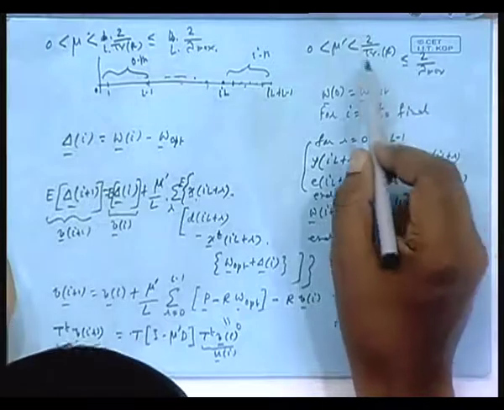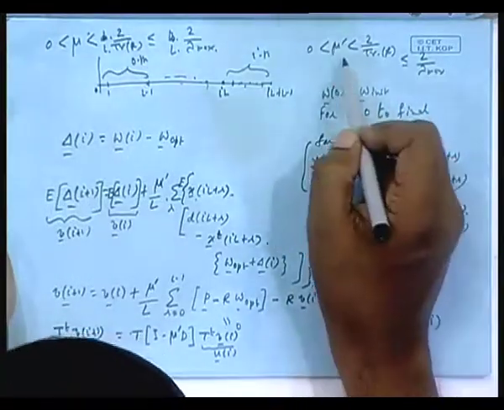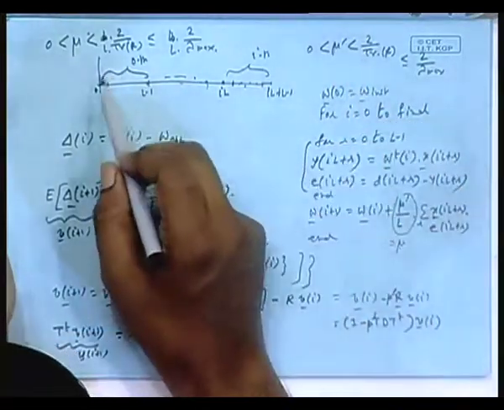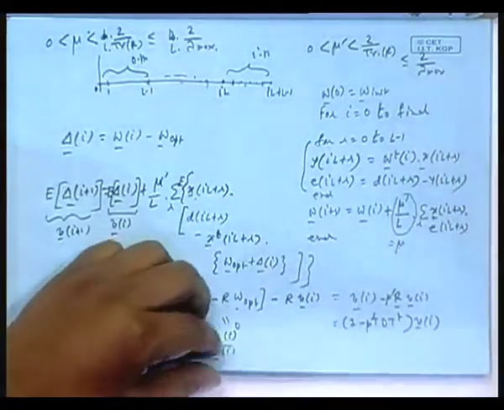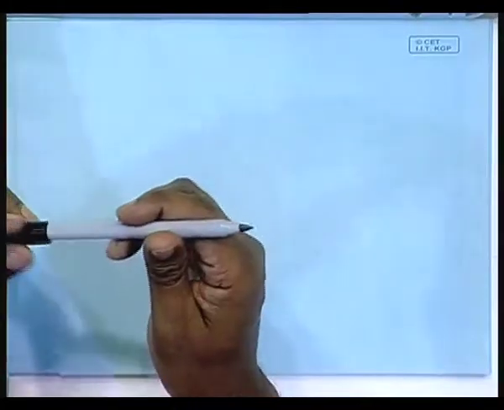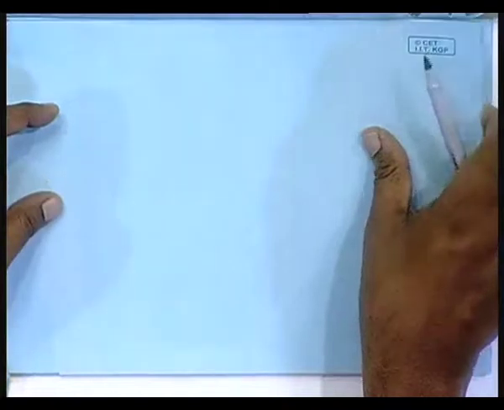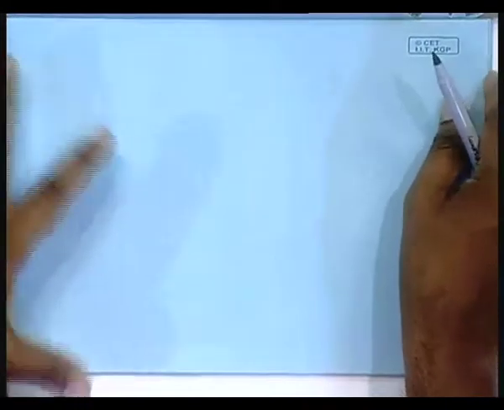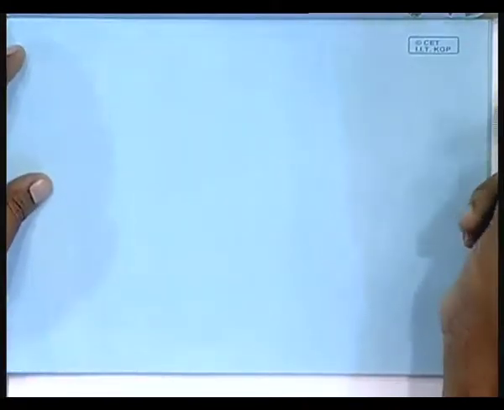You divide by L, mu prime by L is mu, so 2 by L trace R, okay. These corrections you make. Anyway, since this is video recording, you tell me also, so officially the correct thing is recorded. If it is a classroom, I would have ignored such comments.